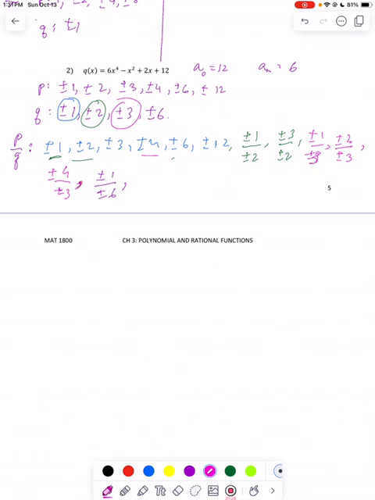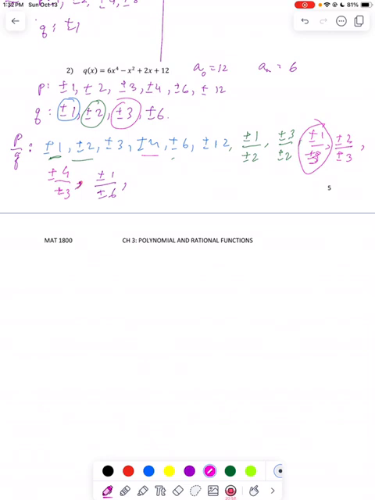Now plus minus 3 over plus minus 6. 3 over 6 is 1 over 2. So we already have it, so we will not write that. Then plus minus 4 over plus minus 6. But 4 over 6 is 2 over 3. And we have that over here.